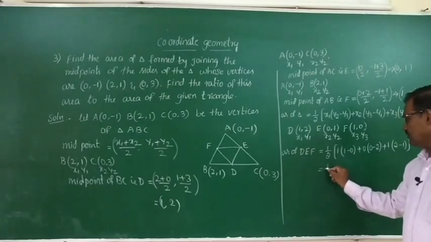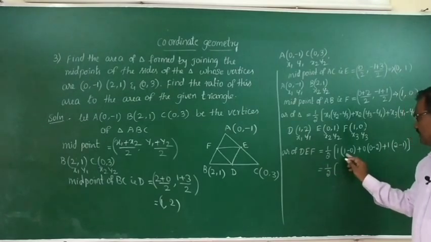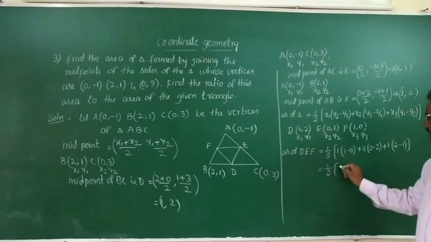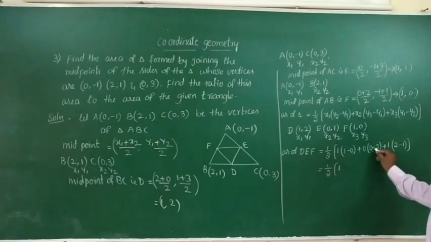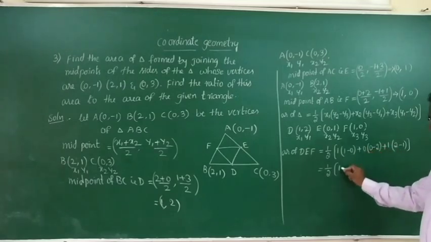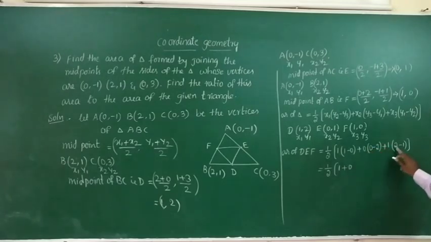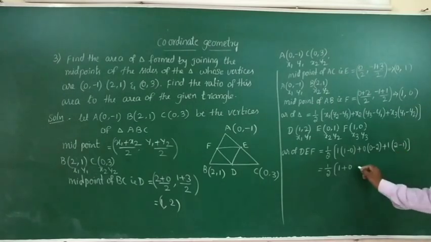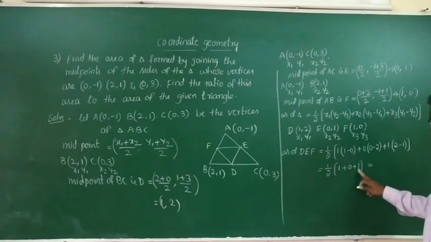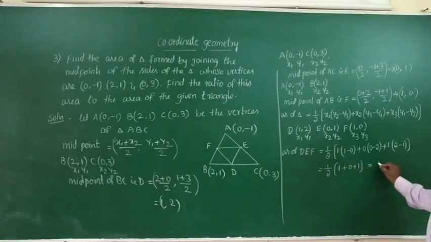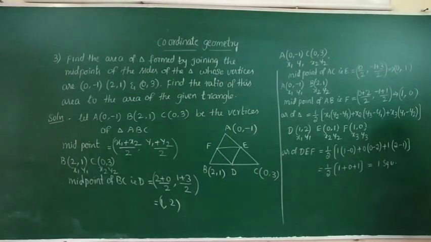That is half into 1 minus 0 is 1, 1 into 1 is 1. 0 minus 2 is minus 2, and anything multiplied with 0 becomes 0. 2 minus 1 is 1, 1 into 1 is 1. So 1 plus 1 is 2, 2 by 2 is 1 square unit. This is the area of triangle DEF.